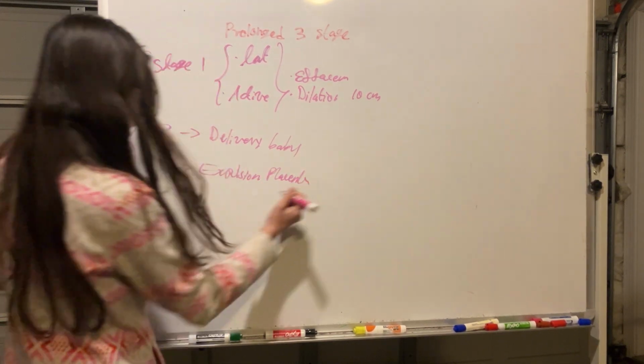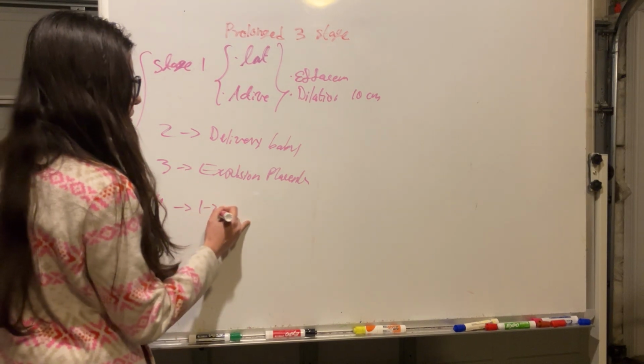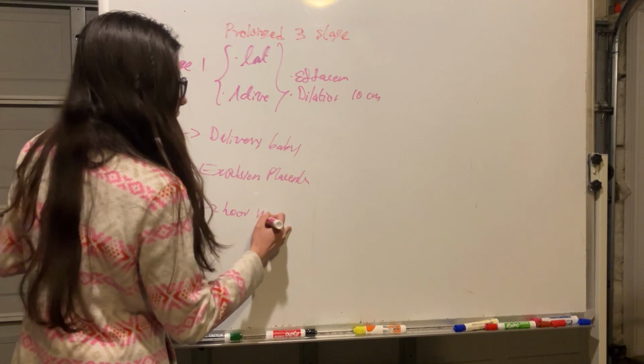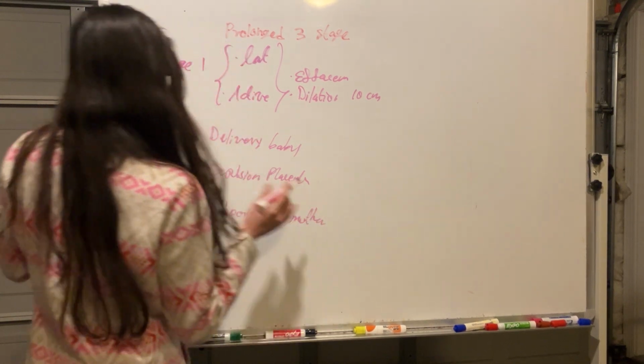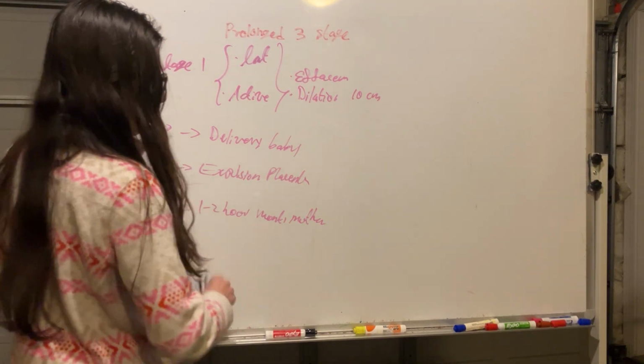And we have stage 4, which is not truly a stage, but is a 1 to 2 hour period while we are monitoring the mother. So stage 3, which is the expulsion of the placenta.